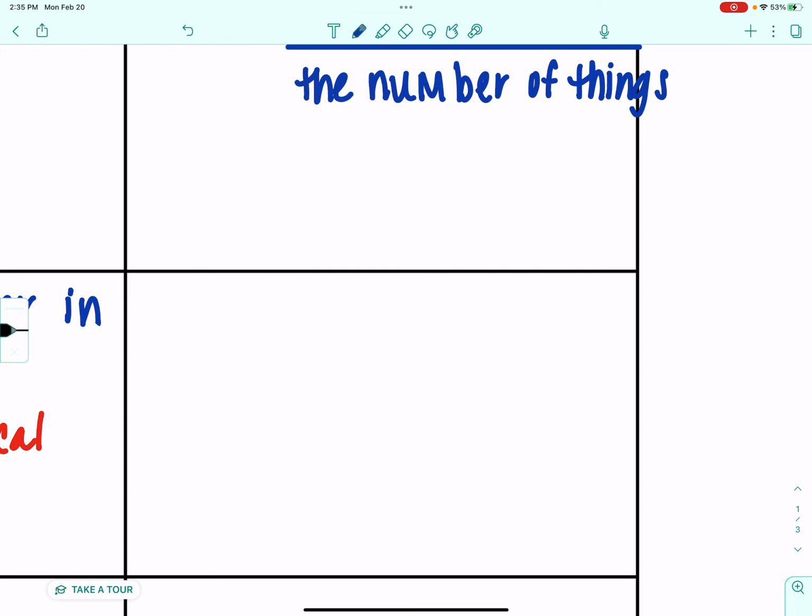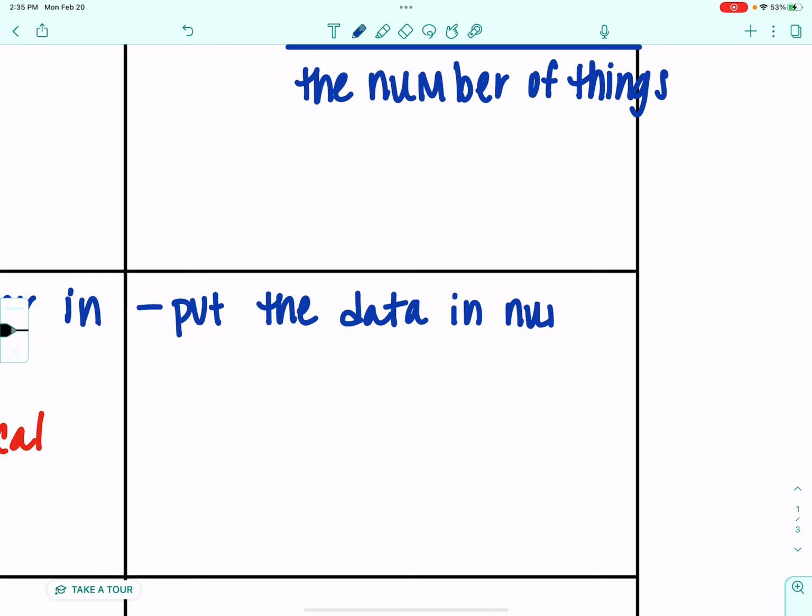As far as how to find it, we're going to say, put the data in order. Find the middle.